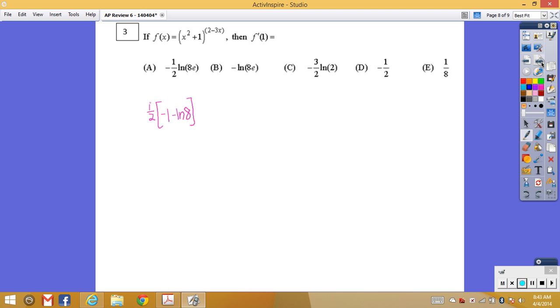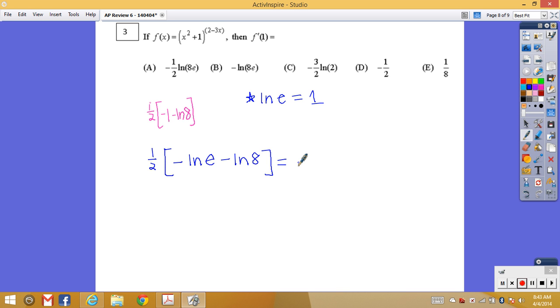And then I noticed that my answer has to be one singular term, so I was trying to figure out what I could do to this guy to get one singular term, and I could combine it if this had an ln with it. So what I figured out was the ln of e is 1, so I did 1/2 negative ln of e, which is the same as 1, minus ln of 8.